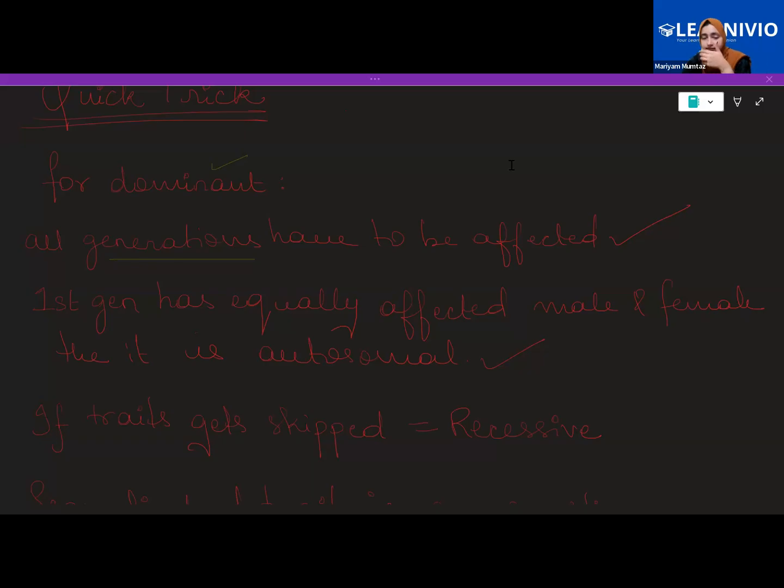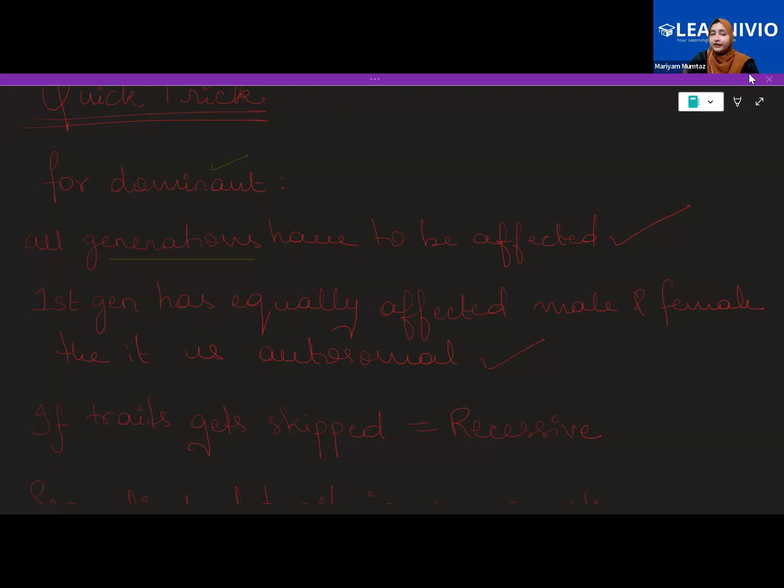In the pedigree analysis, you have to find out whether the disease you're studying is dominant or recessive. First, you'll find out this thing. Whenever you get a pedigree flowchart, you have to see whether it is dominant or recessive.